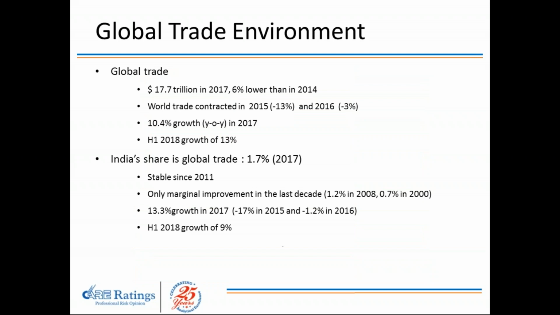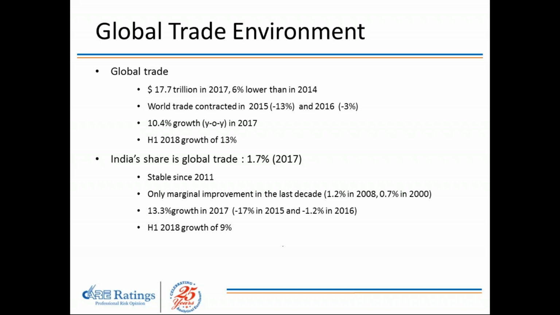To begin with, to put India's trade in the global context, we have a look at global trade performance in recent times. World merchandise trade was $17.7 trillion in 2017, which was 6% lower than in 2014. Global trade growth turned negative in 2015 and 16 for the first time since 2009 in the aftermath of the global financial crisis.